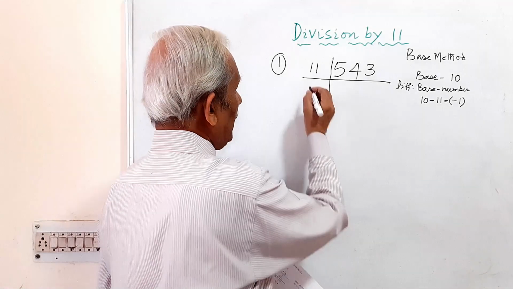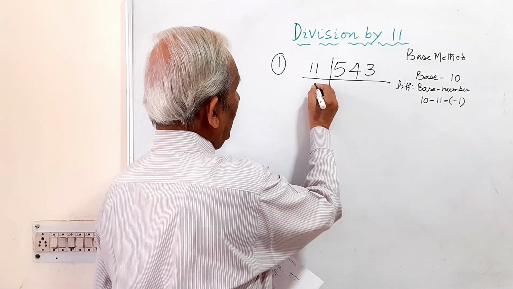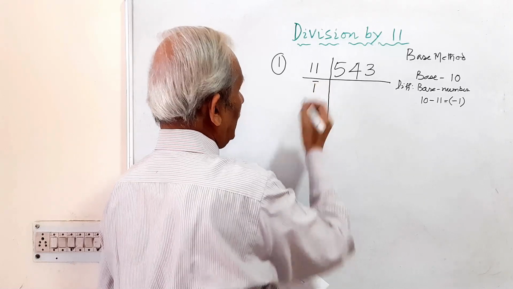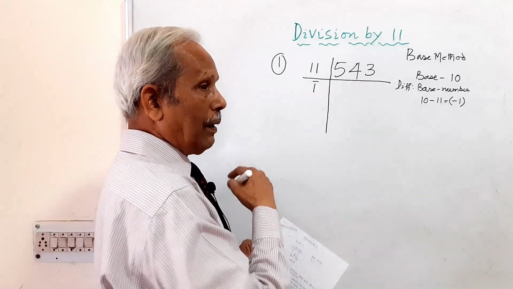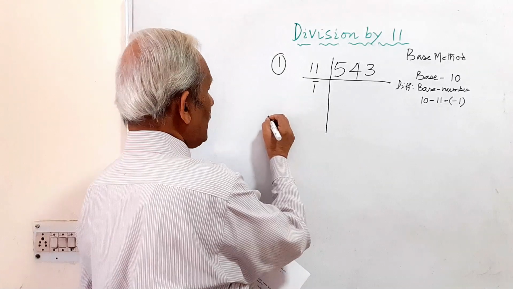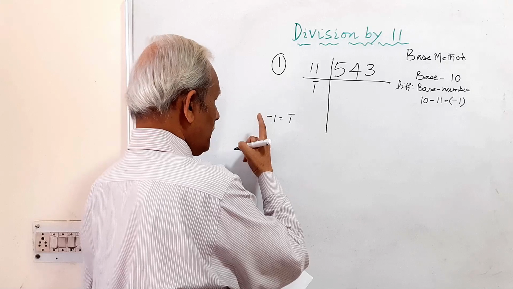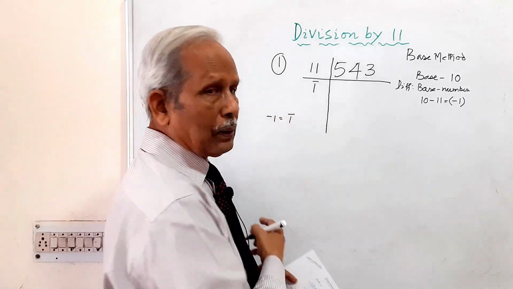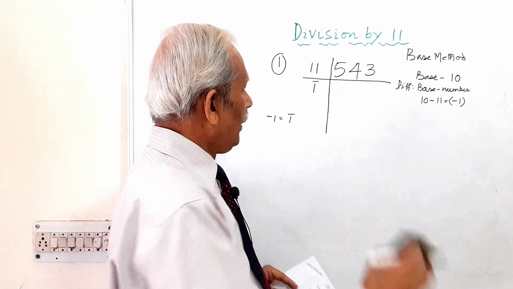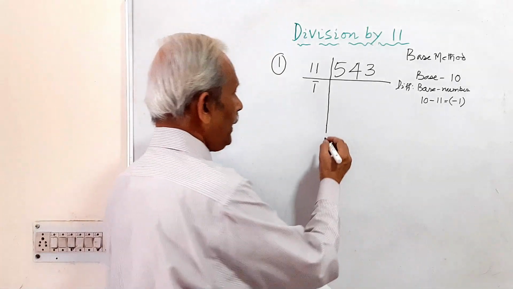So when the difference is minus 1, you should write here minus 1, or you can write 1 bar. It is all the same, because I have already told you in the bar method that minus 1 is equivalent to 1 bar. This negative sign can be represented by a bar. So 1 bar. Now we'll start dividing it.